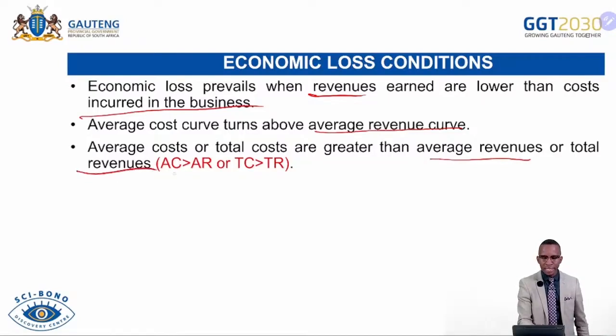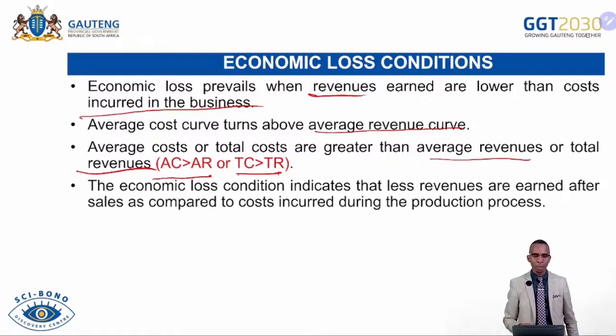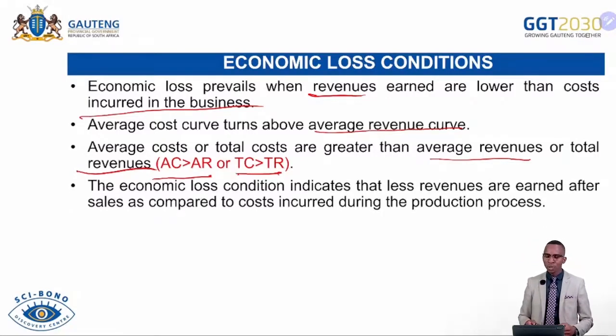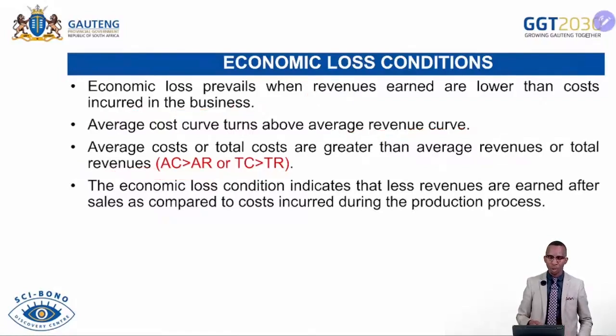That means AC is greater than AR or TC is greater than TR. Then the firm will be making economic loss. The economic loss condition indicates that less revenue is earned after sales as compared to the cost incurred during the production process. That means this kind of business received less income while it spent more money to produce that particular product. That becomes economic loss for the business.